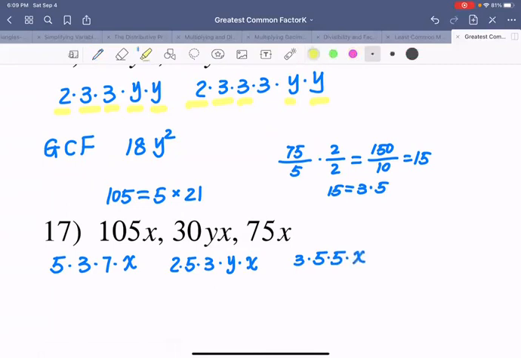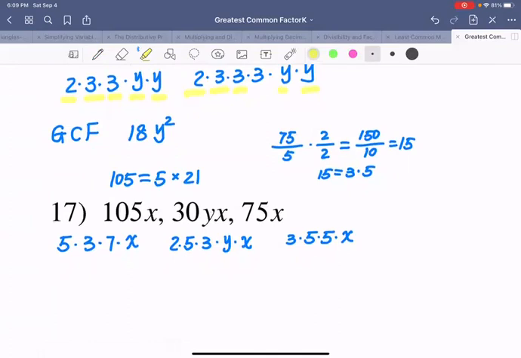There you go. Now let's highlight the common one. Go ahead, please. 5. Don't draw 2 of them, just draw 1 of them. Okay. 3. Next. 3. Good. Next. x.